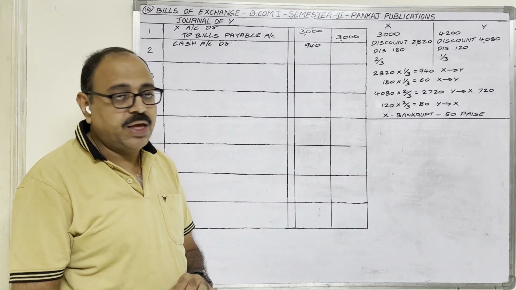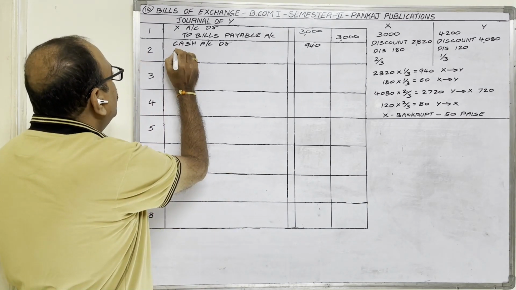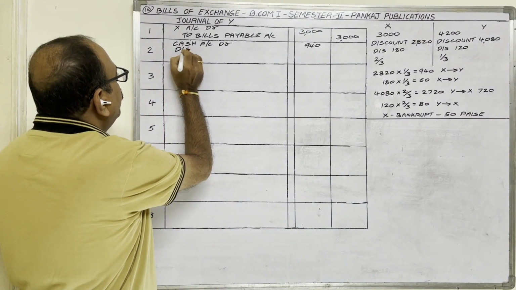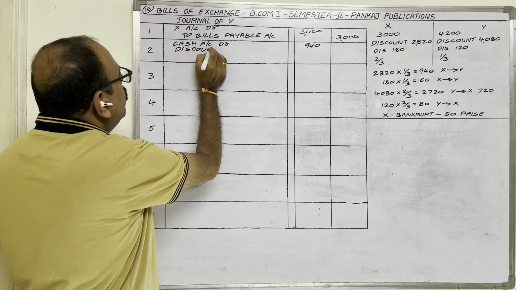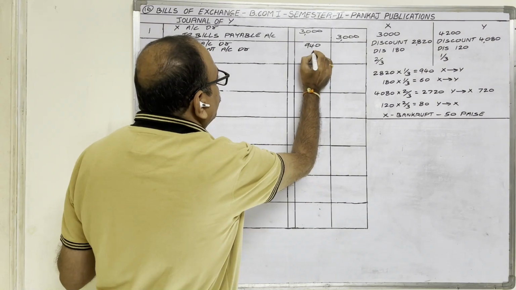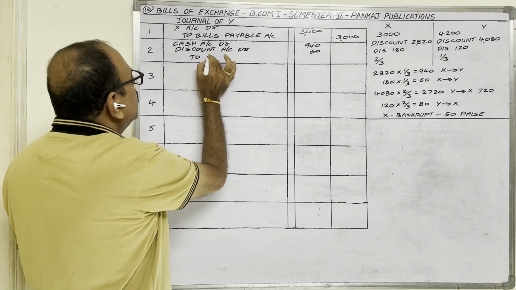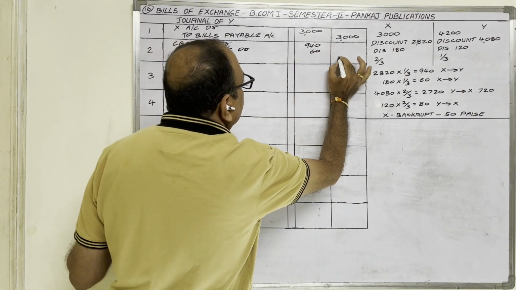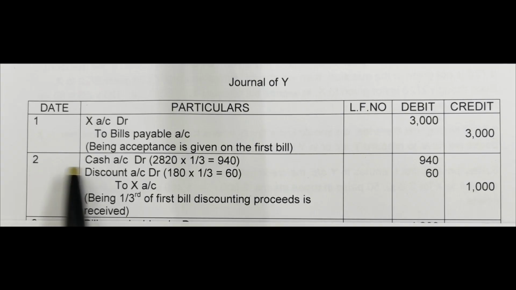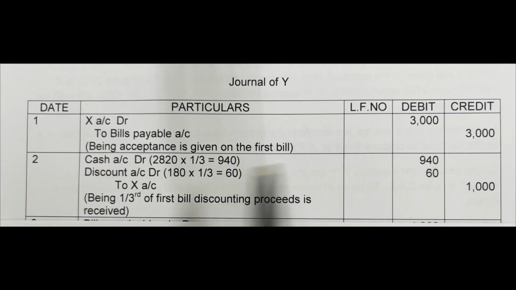That rule we have to apply. So discount is a loss, therefore we have to debit. Discount account debtor 60 rupees. Cash is coming from X now, therefore credit X account. Total 1,000 rupees. Second entry, cash account debtor 940, discount account debtor 60 rupees, to X account 1,000. Being 1/3 of first bill discounting proceeds is received.